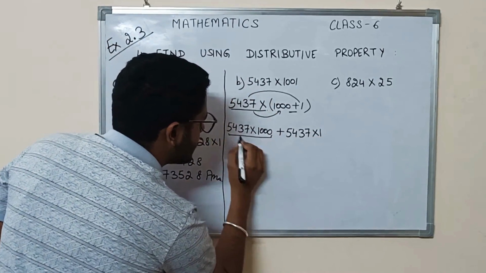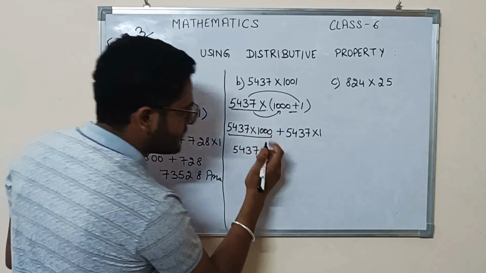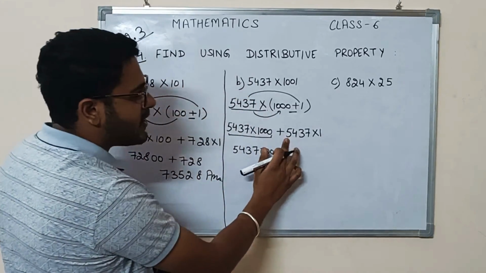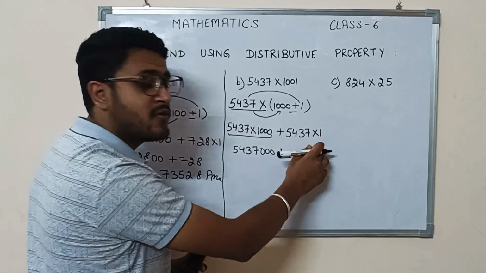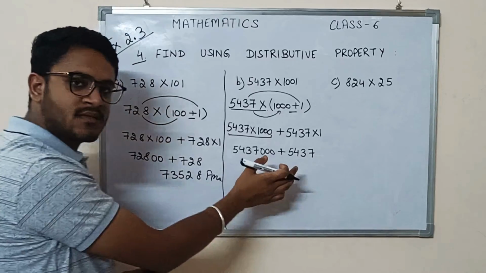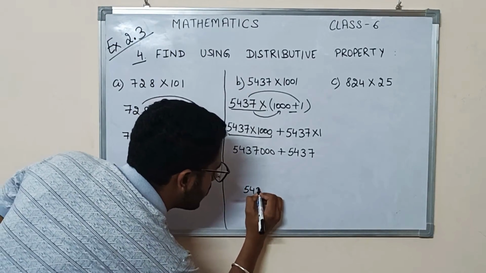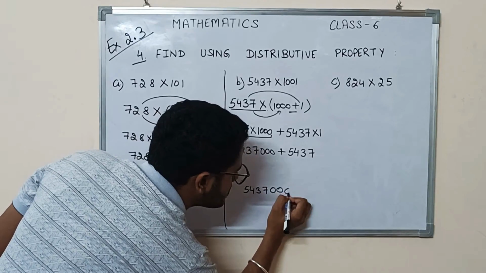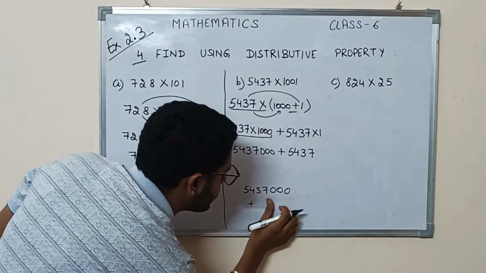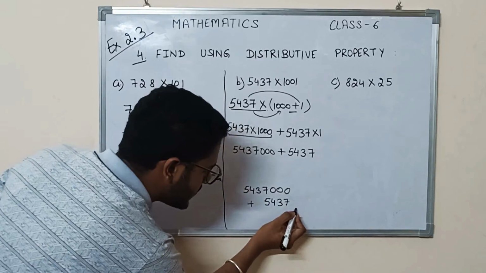Now let's solve these parts. 5437 followed by 3 zeros, plus 5437 multiplied by 1, which will be 5437. Now let's add these values: 5437000 plus 5437.